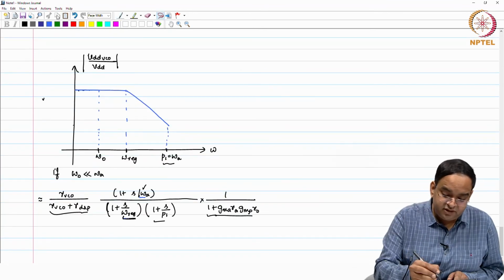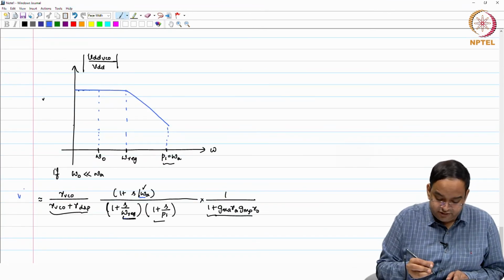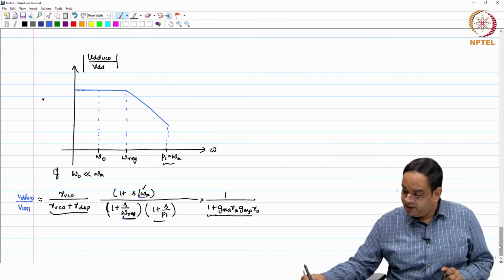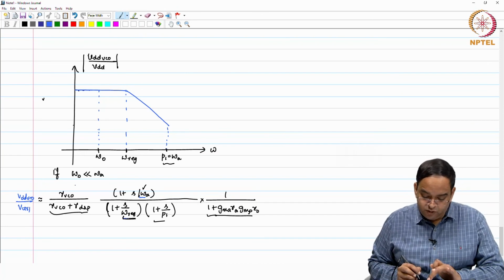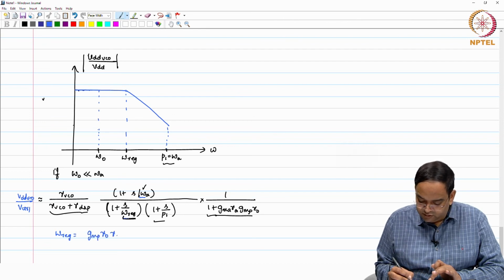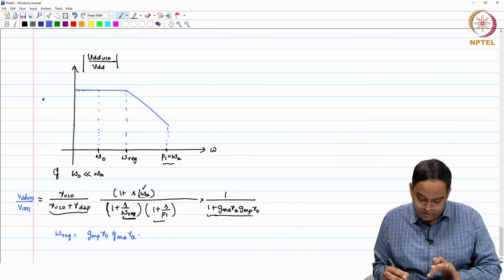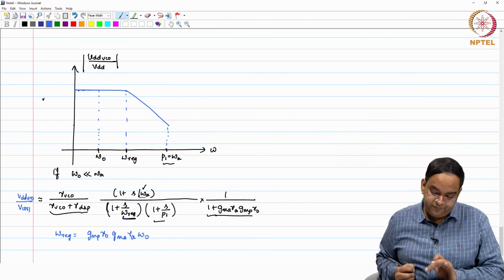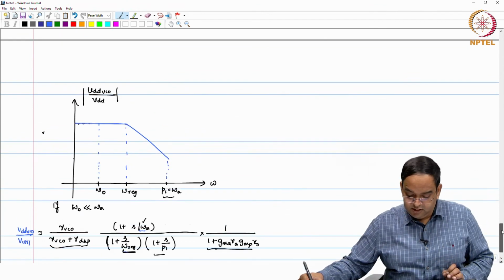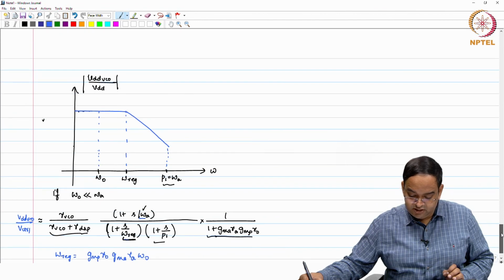So, we have this transfer function which is VDD VCO divided by V control, and if I say omega O is much less than omega A, then our omega regulator is GMP RO GMA RA times omega O, okay, and omega A is much greater.